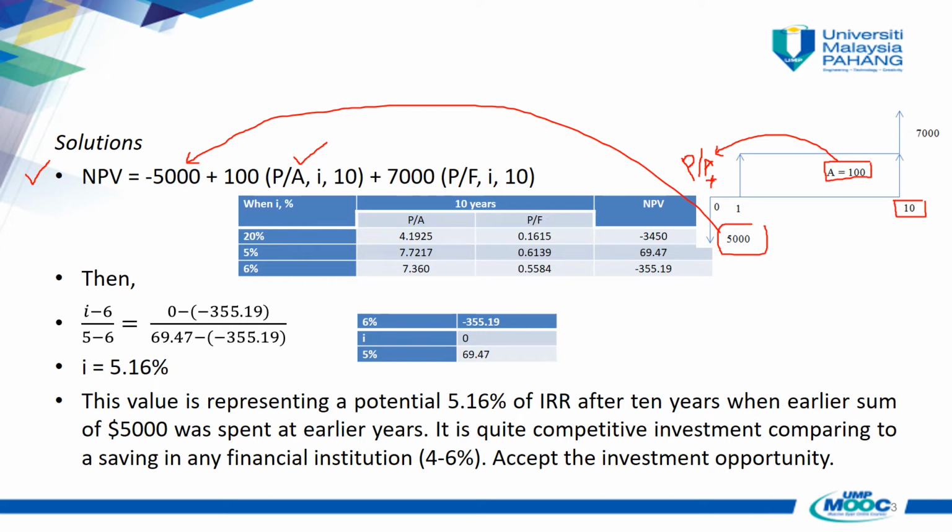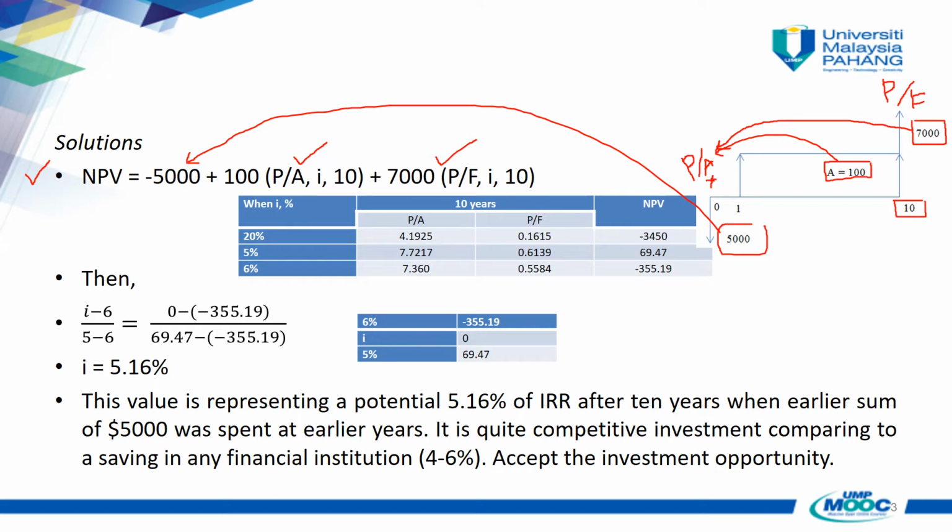This 7,000 is F, and because we want to know what happened to this value in the present day, we call those finding P when you know the F, multiplied by 7,000. Very straightforward, this equation.